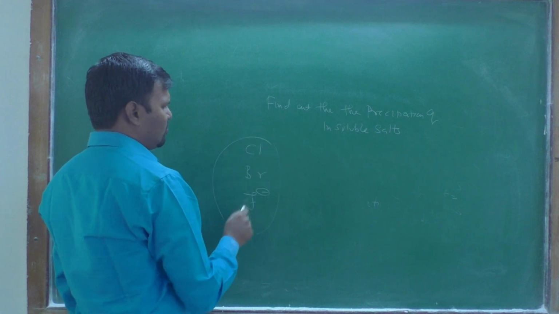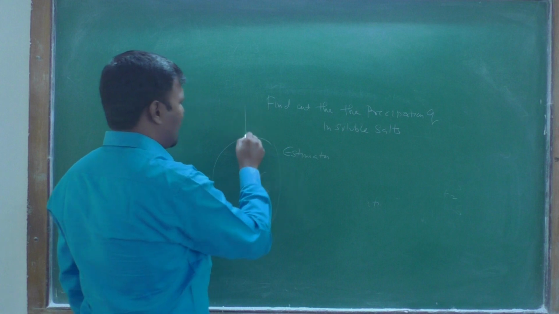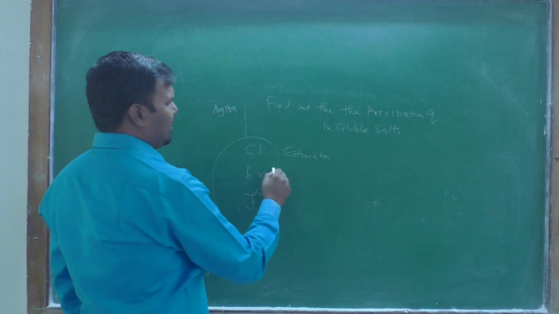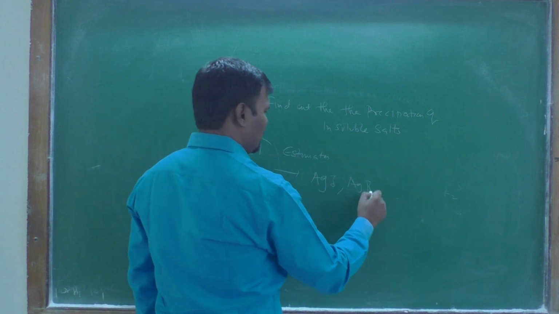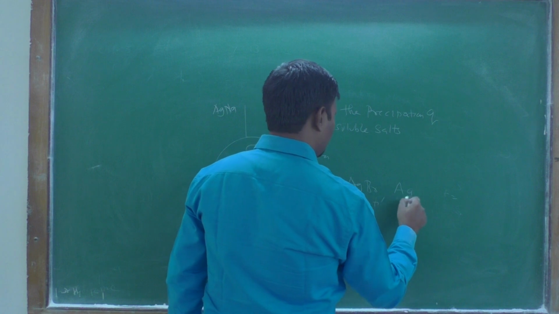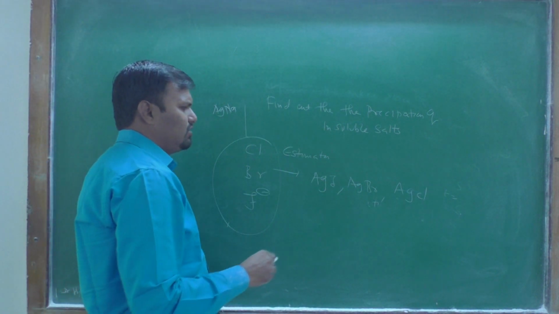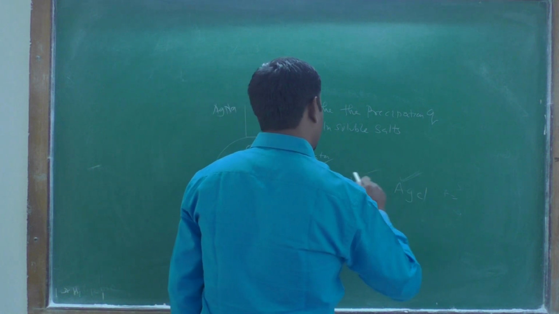For the estimation of these salts, you add AgNO3 to the solution, and AgNO3 gives the precipitates AgI, then AgBr and AgCl. Okay, therefore, which precipitate occurs at the start?